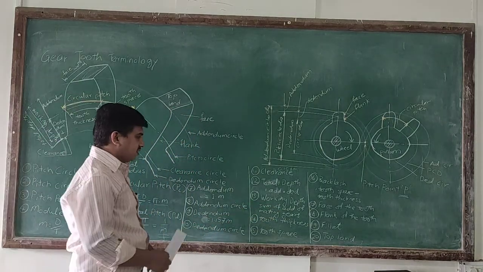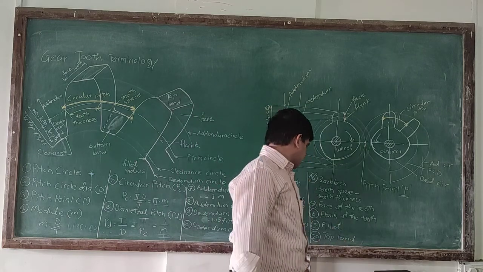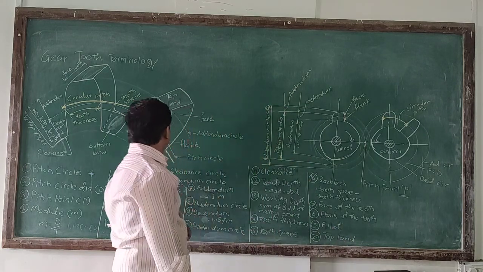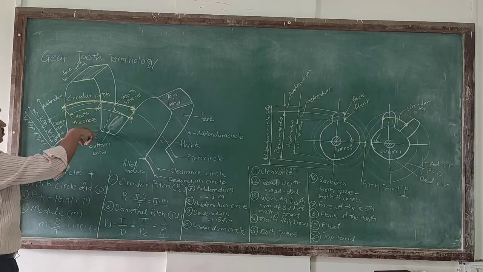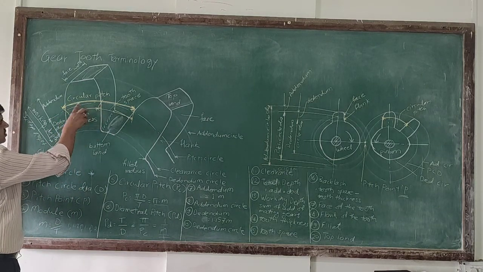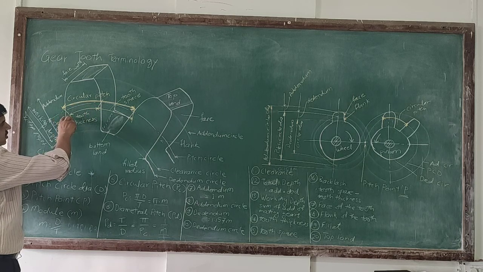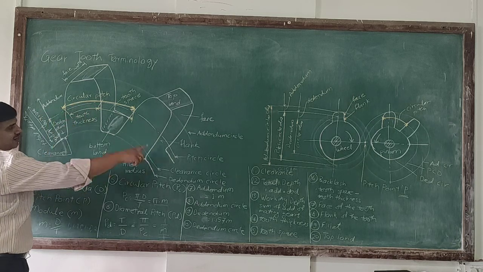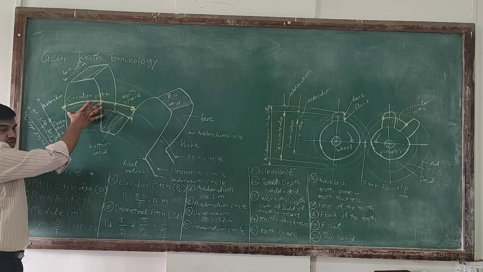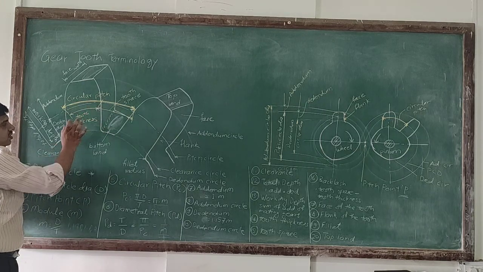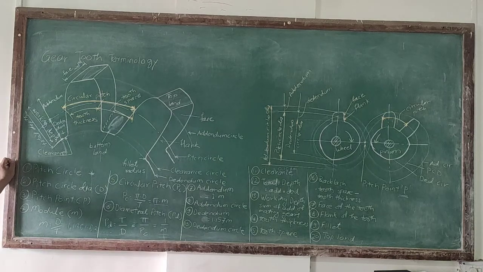Okay. Next is tooth thickness. Now see, come here. Here we have a tooth, and if a circular distance is measured along the tooth, along the pitch circle, in the tooth only, then that is the tooth thickness. Are you getting me?